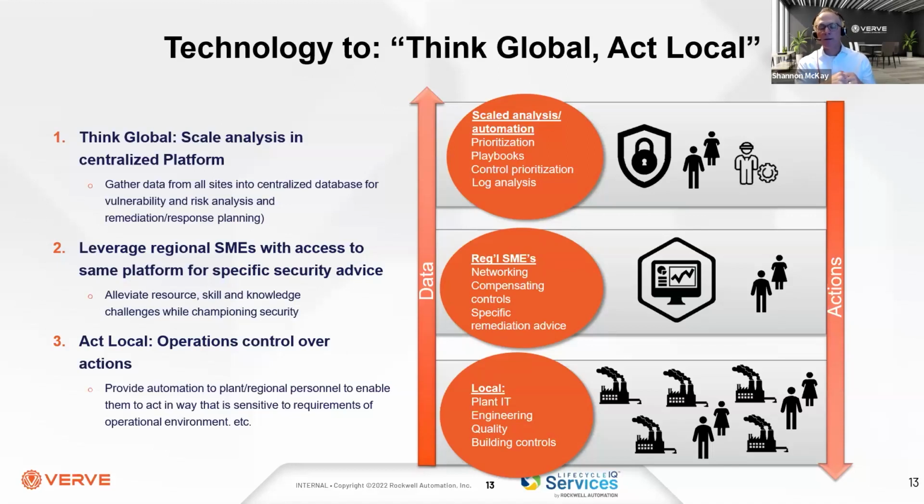In between is a capability around subject matter expertise. And when we get to the questions later in the panel, we'll probably speak to this a little bit. But regional or subject matter experts, SMEs, around networking, compensating controls, specific remediation advice. These are all key elements to build out a very scalable enterprise-wide OT cybersecurity platform and program.